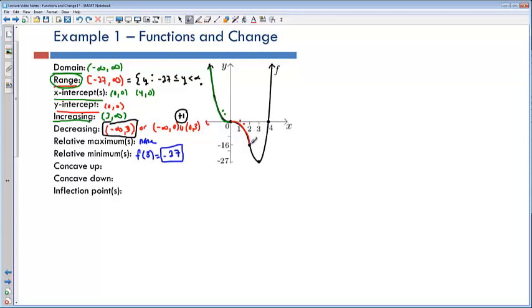And then it changes concavity right about here and turns back into a smile. So again, you can put little eyes here if you like, and you can see that's part of a smile, and so that's concave up, and it continues to be concave up forevermore.